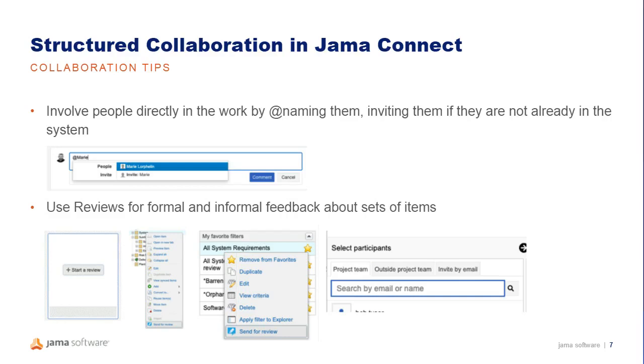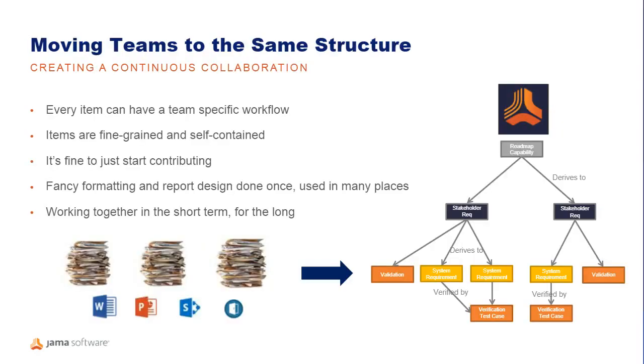So I can have people included in my work and in that conversation around the sets of data. What this lets us do is move teams into working in a more structured way. As well as collaborating around the content, we can organize the content itself, because at the end of the day, that's the work, right?